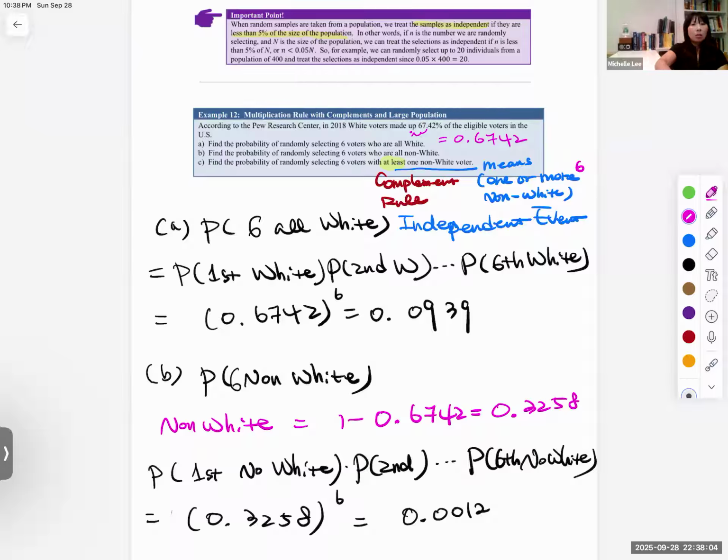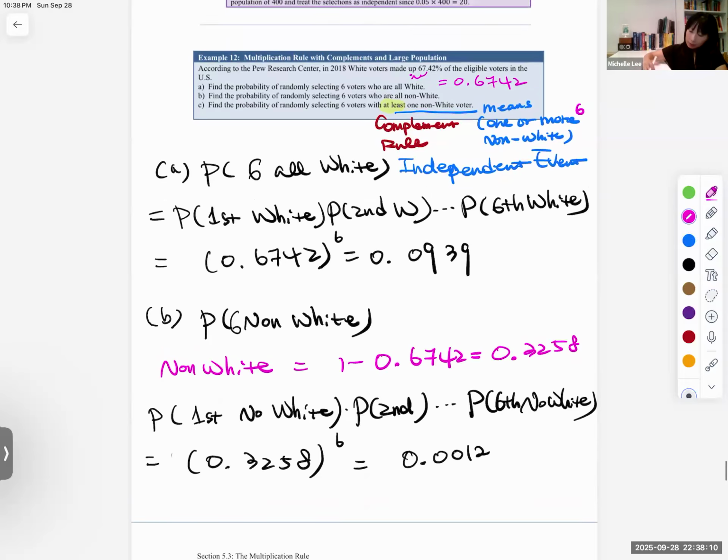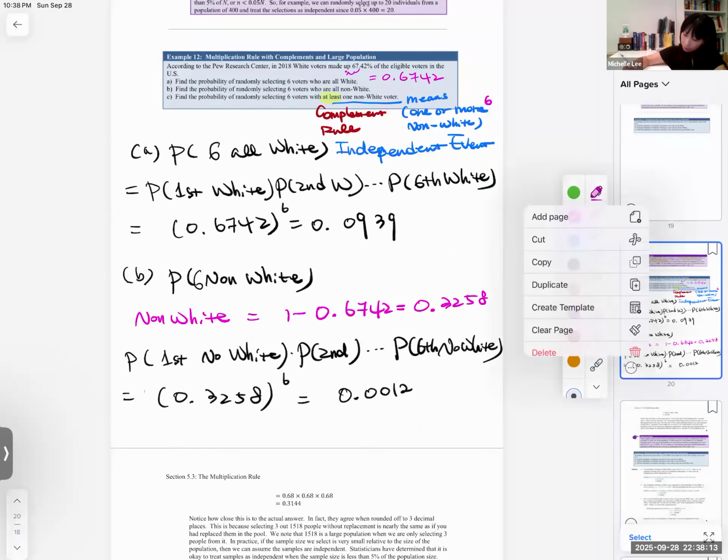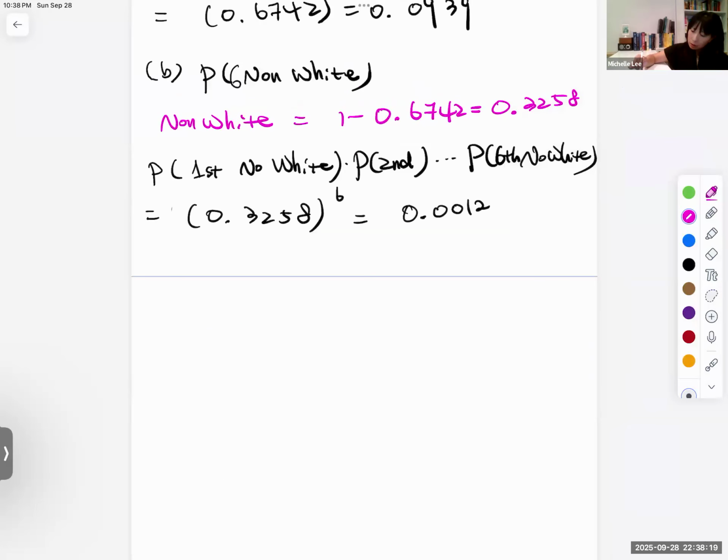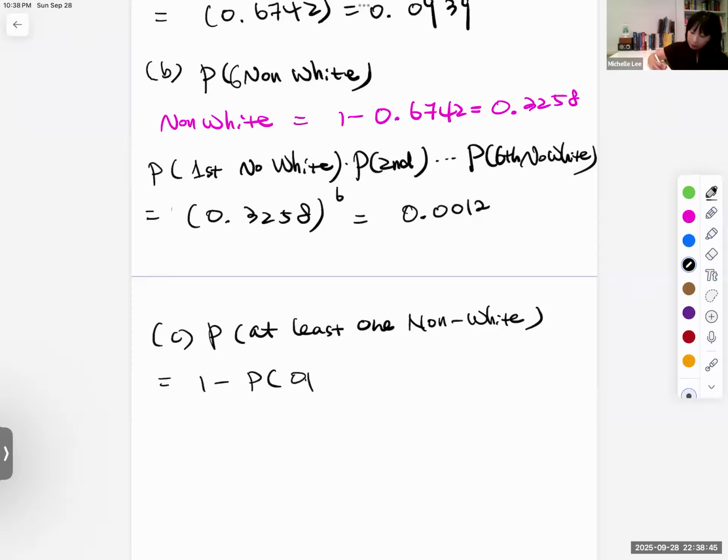So, complement rule, how do we use it? The probability of at least one non-white voter is 1 minus the probability of the opposite statement.